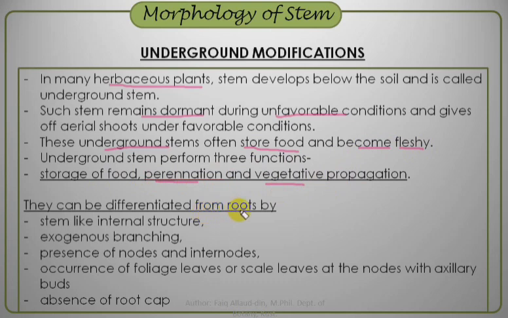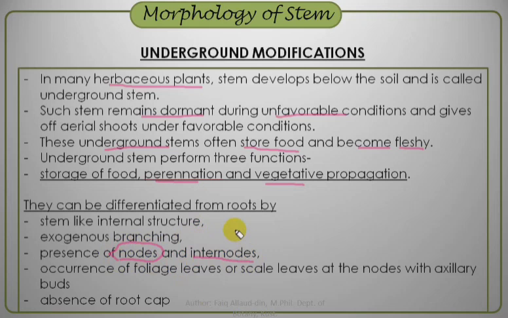They can be differentiated from roots by these structures. If you want to differentiate between a stem and a root, because both of these are present below the surface, you must look closely at these structures, especially the position of nodes and internodes.